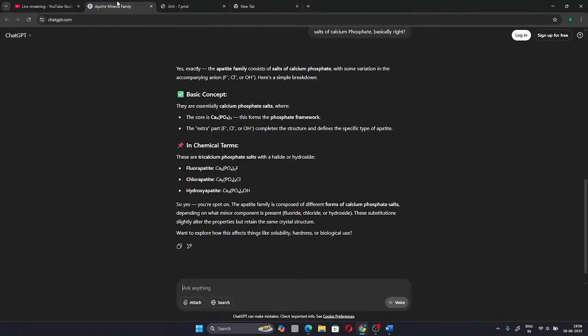Then what about ionic radius? Antimony has the least ionic radius.